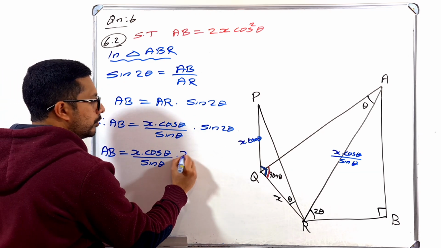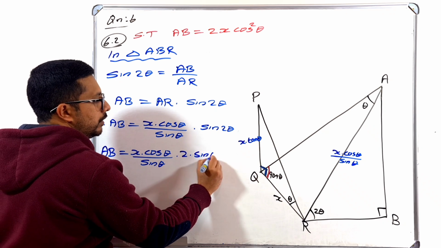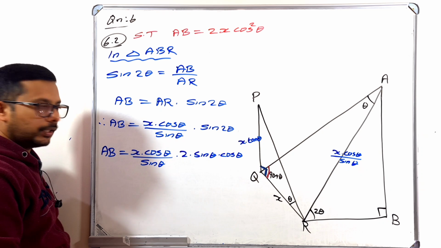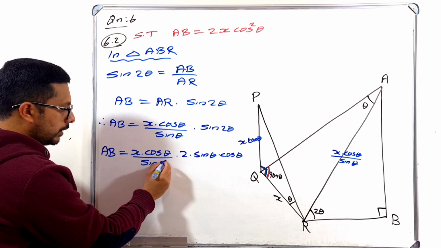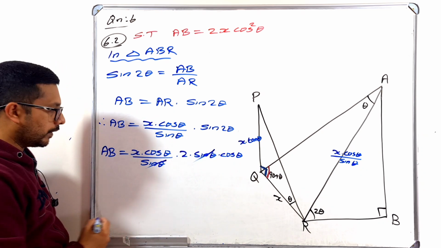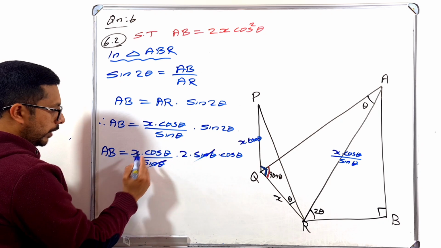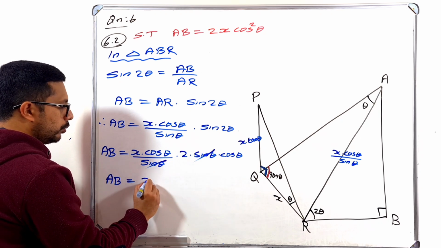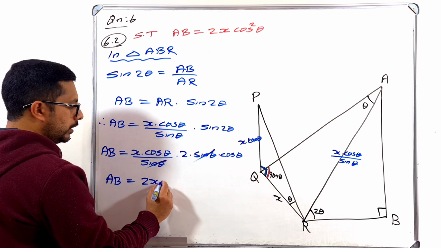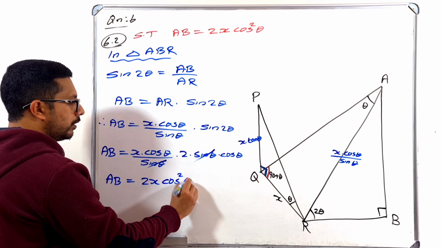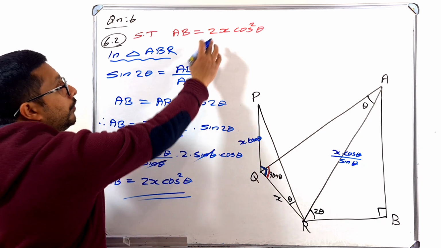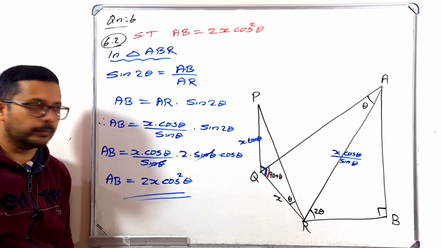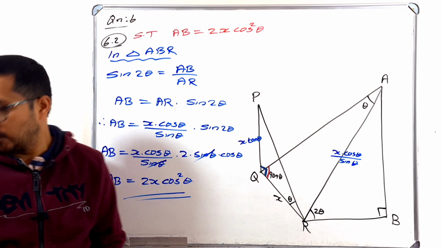So now this sine theta and sine theta we can cancel. 2 into x, that is 2x, cos theta into cos theta is cos square theta, and that is what we want to prove. AB is equal to 2x cos square theta. Okay, so that is question number 6.2.